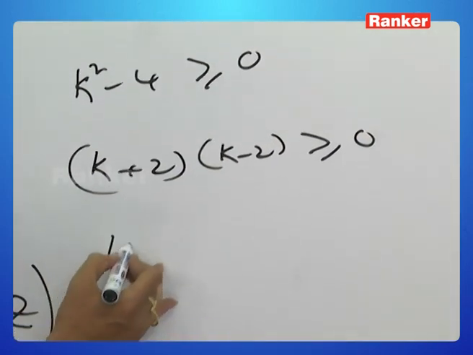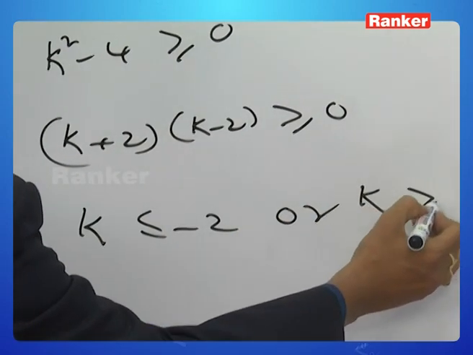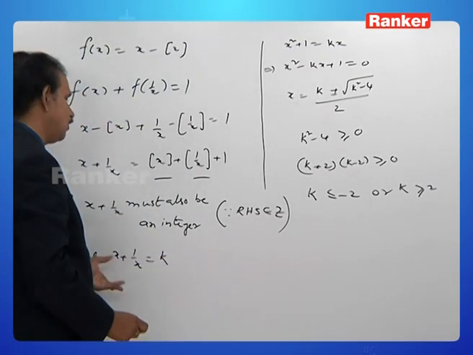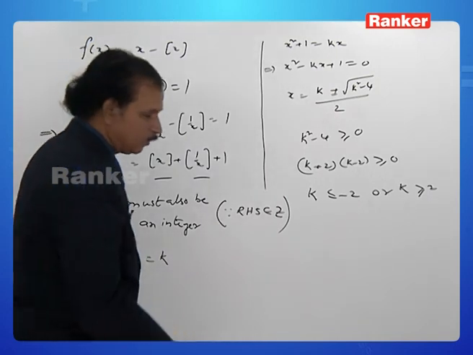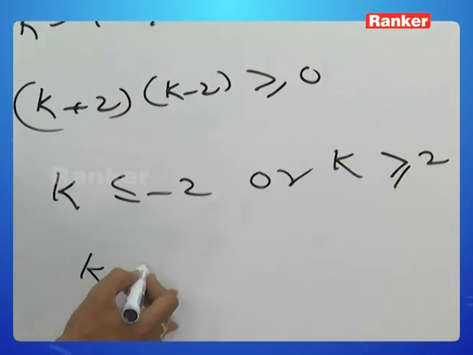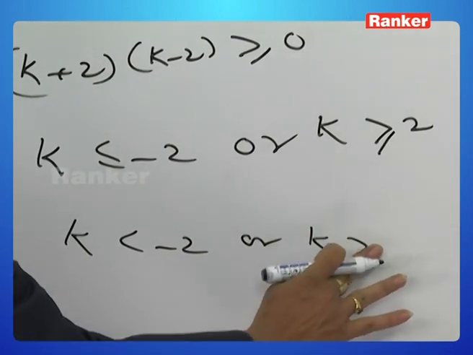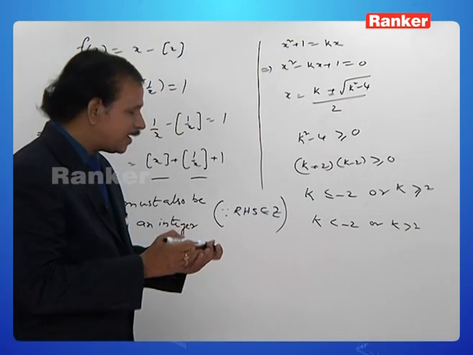That is, either k less than or equal to minus 2 or k greater than or equal to 2. Of course, if this is 2 or minus 2, the equation cannot be satisfied. Therefore, what should we have? k less than minus 2 or k greater than 2. How many such k's are possible?